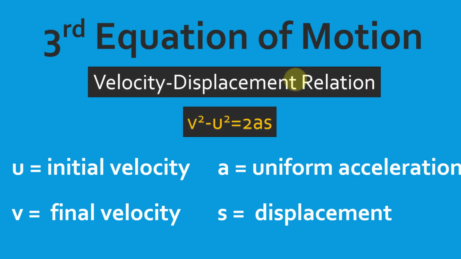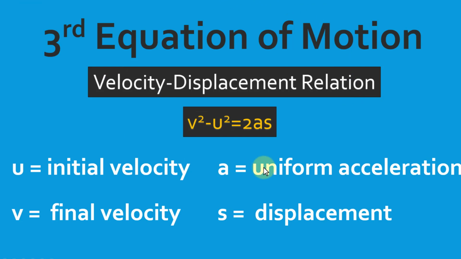Next, A stands for uniform acceleration. Already we discussed these three equations of motion are applied only for the bodies which are moving with uniform acceleration. This is the main condition it must follow.